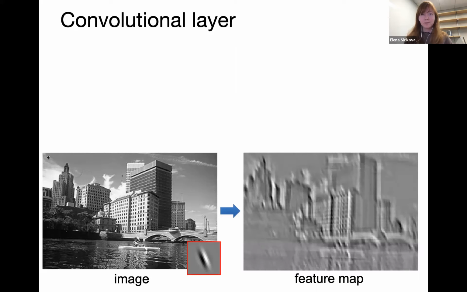And I'm taking the dot product of this patch with the kernel, and then producing the feature map value. So the intensity is defined in the image.